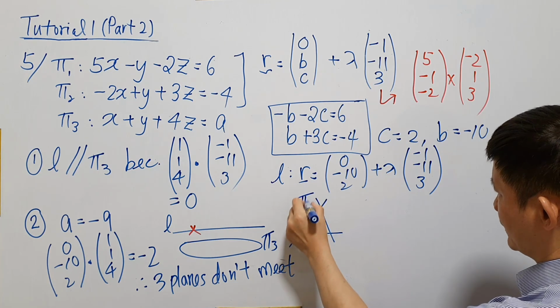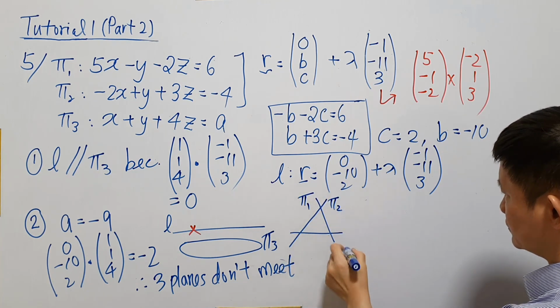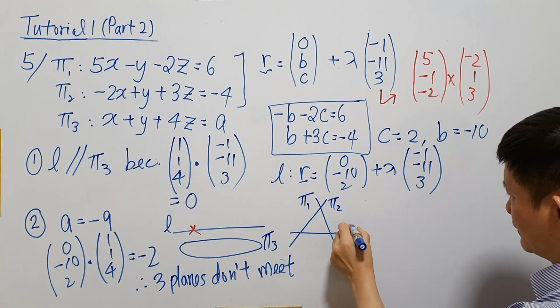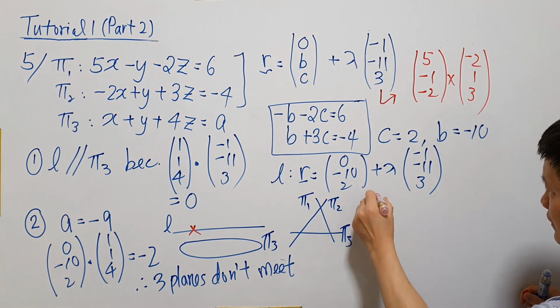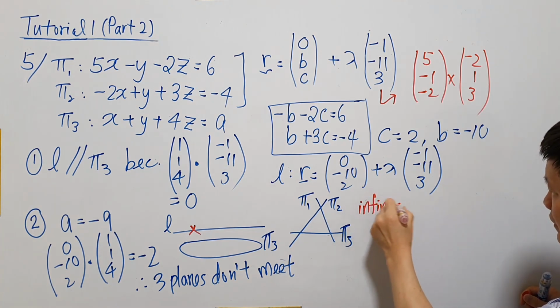This maybe is plane 1, this plane 2, and this is plane 3. The three planes together form what is known as the infinite triangular prism.